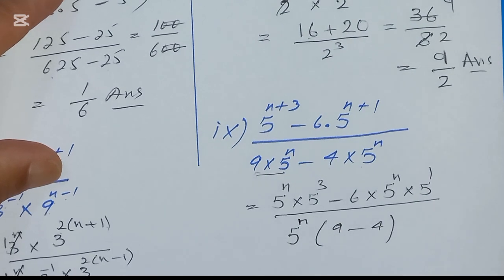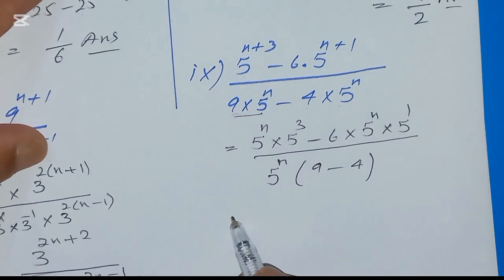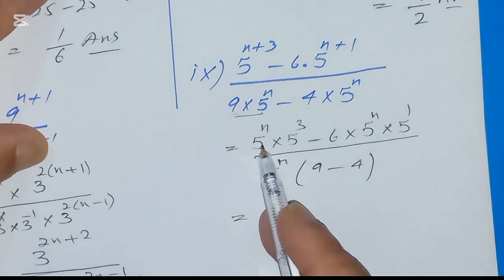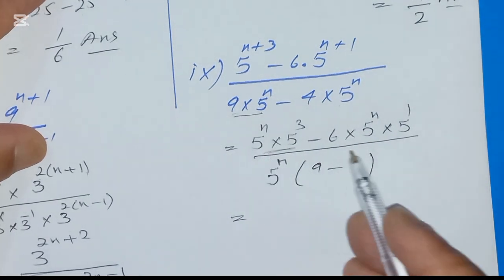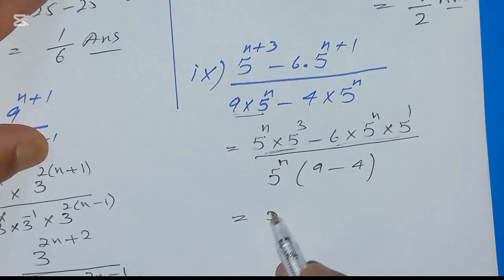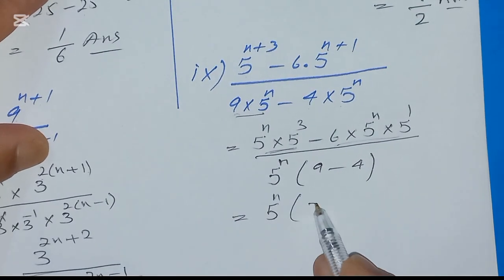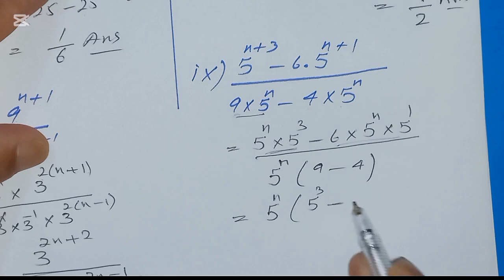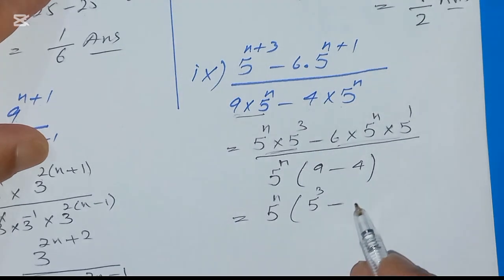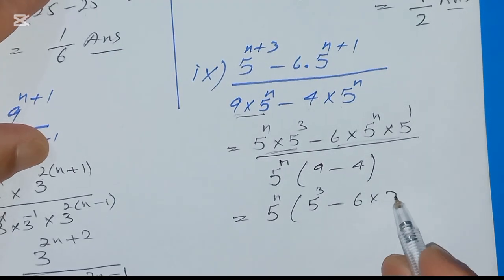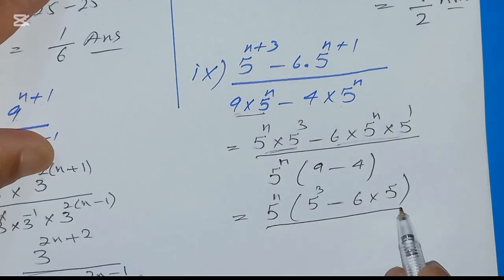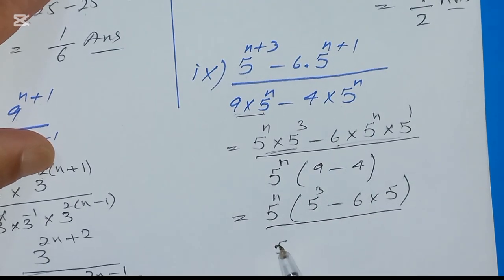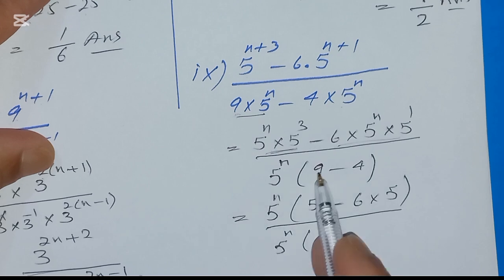We can also take 5 power n common in the numerator, from these two terms, and here is 5 power 3 minus 6 power 1, and 5 power 1 means 5, and in the denominator we have 5 power n and 9 minus 4.